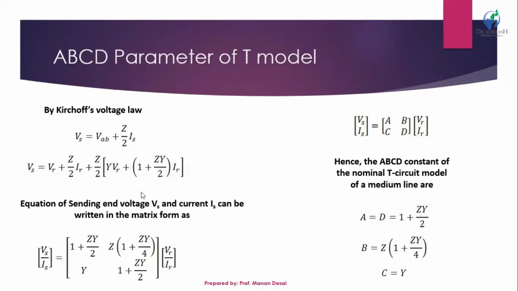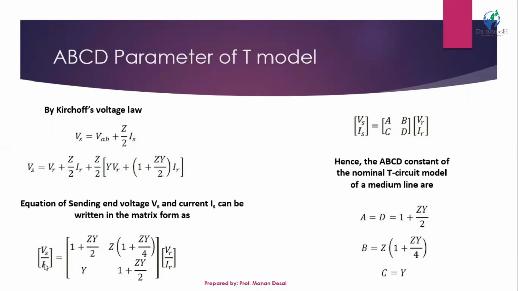Then the IR terms are merged, and we derive Z times 1 plus ZY by 4, since Z by 2 and ZY by 2 are multiplied to give ZY by 4. So this is the second IR value.